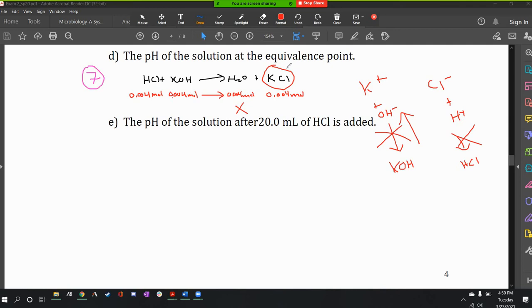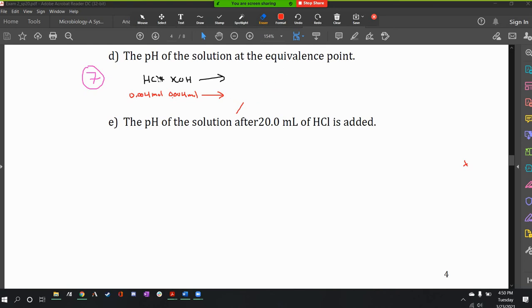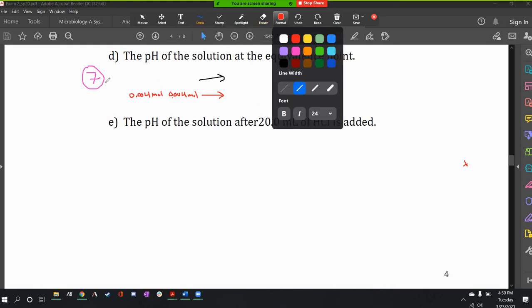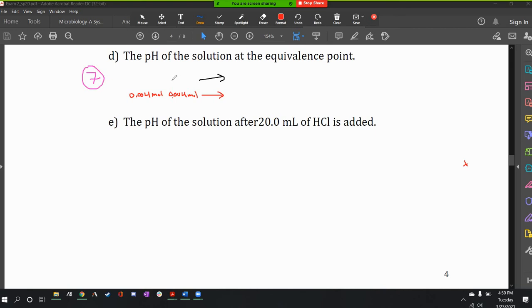So Cl minus is not a good conjugate base, and K plus is not a good conjugate acid. That will always be the case if it's strong titrated with strong. But let's look at what if these weren't strong and strong? What if it was acetic acid, which is a weak acid, titrating against potassium hydroxide?